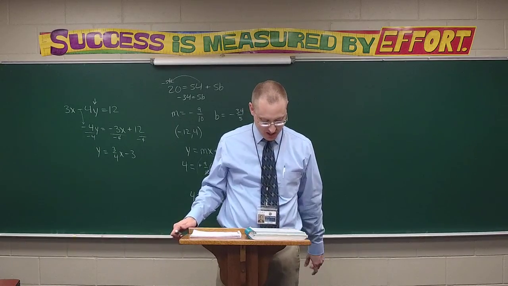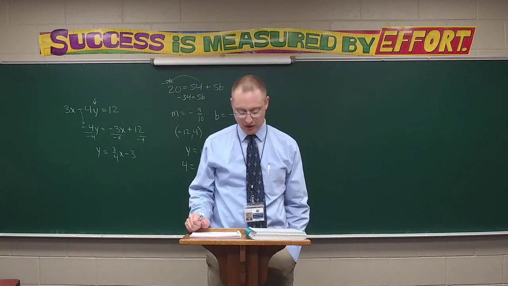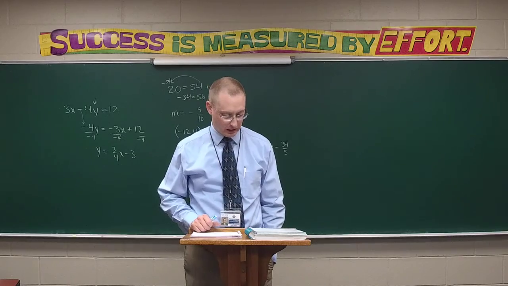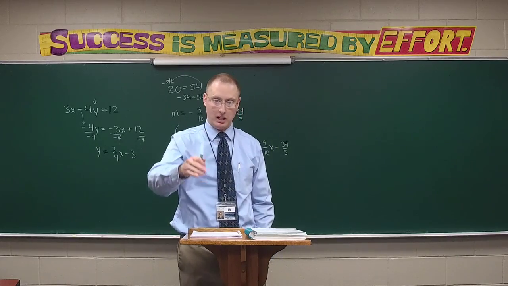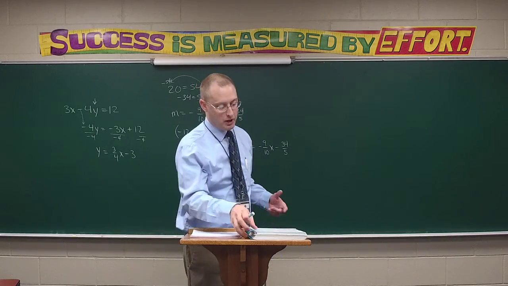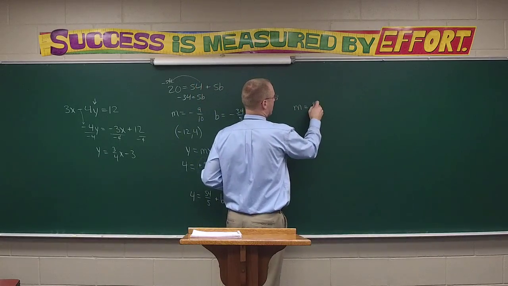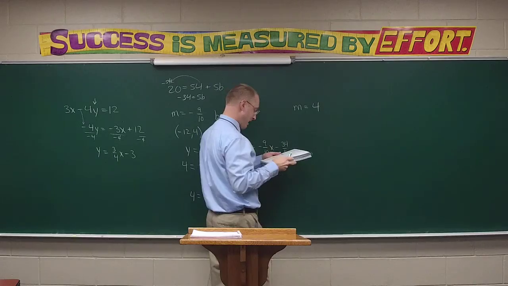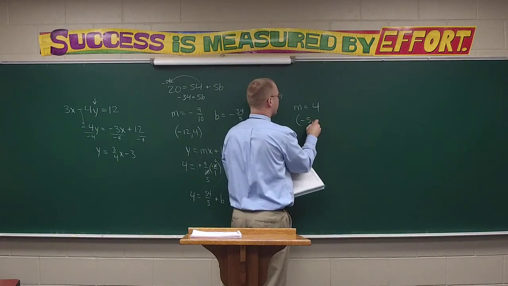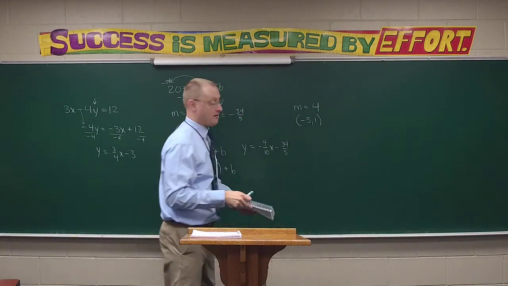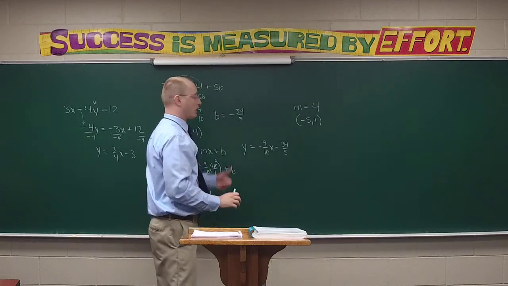Number 7. We want the equation of a line that passes through (-5, 1) and is parallel to the given line. Again, parallel meaning, Audrey? Same slope. So for number 7, the line they gave us has a slope of 4. So that's also going to be the slope of my line. My line, however, goes through the point (-5, 1). We presume the line they gave us probably does not. We're going to do the same kind of thing.